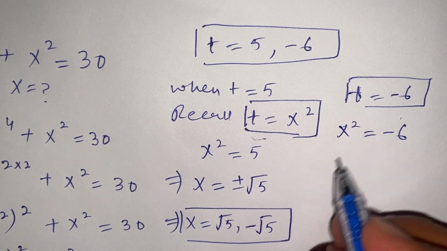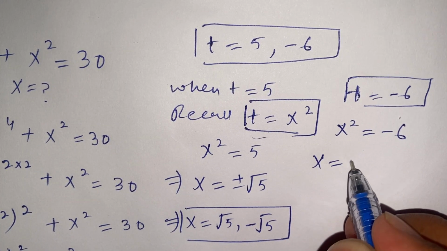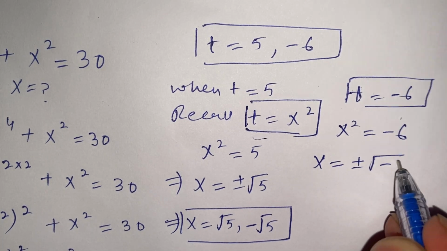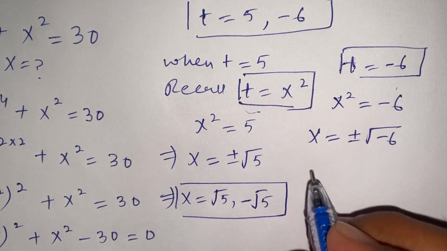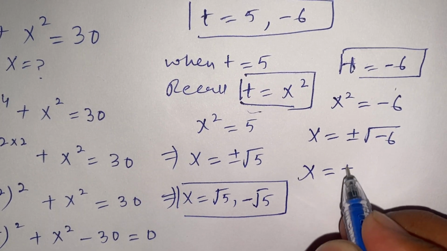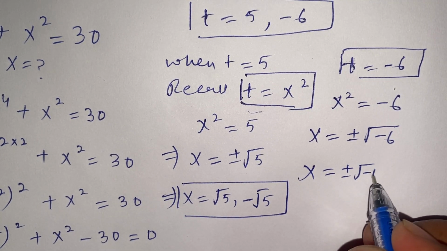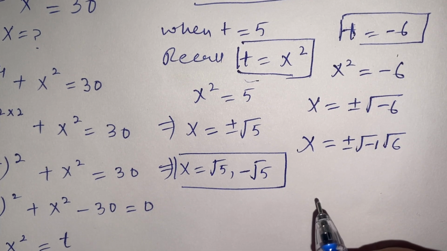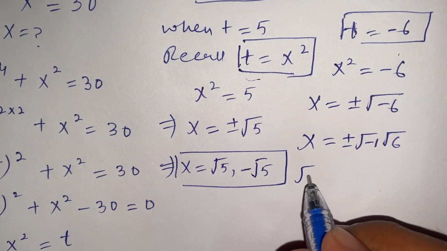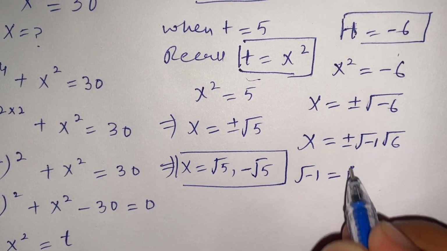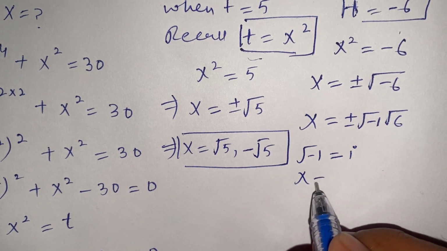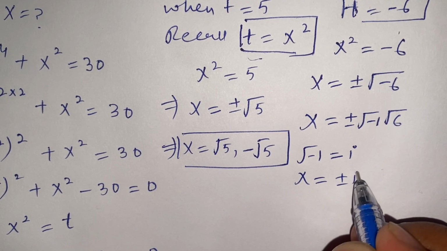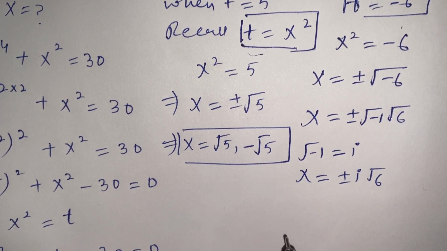Now in order to remove this square, we get x is equal to plus minus square root of minus of 6, which implies x is equal to plus minus square root of minus of 1 times square root of 6. And this square root of minus of 1 is equal to iota, which implies x is equal to plus minus iota square root of 6.